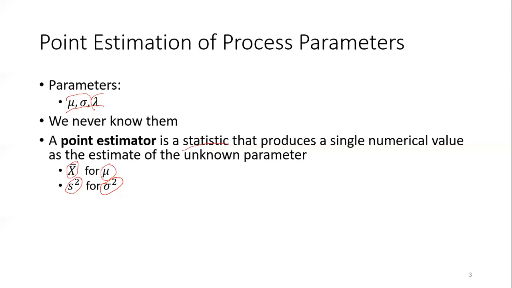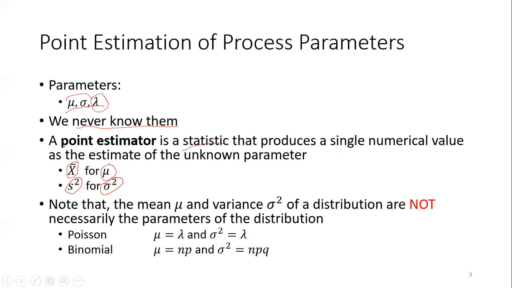Lambda is a parameter for the Poisson distribution, right? So in order to calculate the probabilities, you need parameters. But in real life, we never know them. So what to do then? We will just take a sample, and using that sample, we will estimate the parameters using these point estimators.